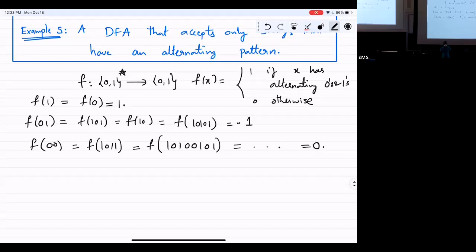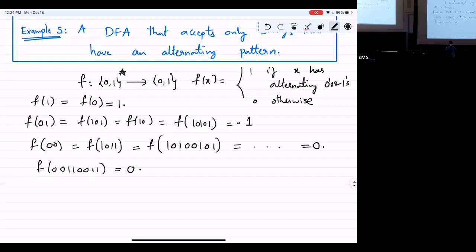No, 0011 00 should be rejected. Basically, you should always alternate between 1, 0, 1, 0, 1, 0. So for instance, f of 00110011 should be 0. Another way to think about it is if in your entire string at any point there are 2 bits which are exactly the same, then you have to flag that string as reject.